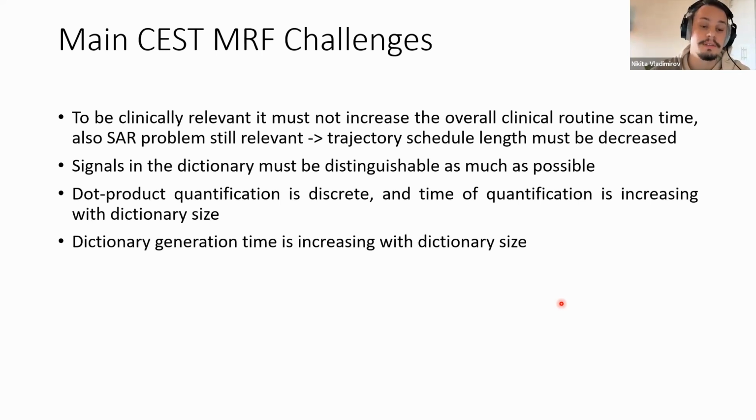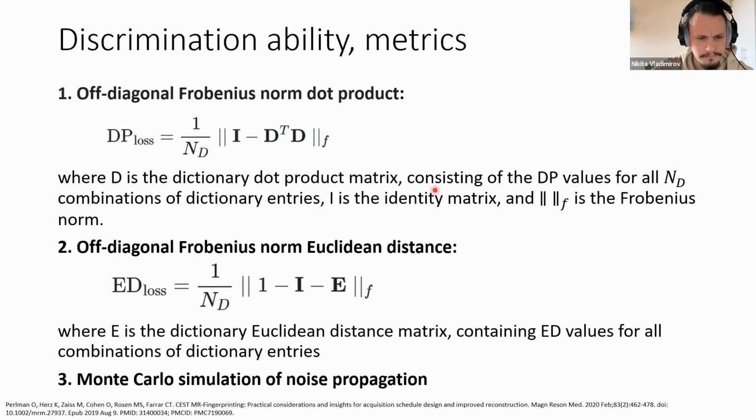And also there are some other problems related to the dot product quantification. That's a bit of a side thing, but you can read it. Okay, which metrics are used to measure discrimination ability? The first is the off-diagonal Frobenius norm of the dot product, and the same but for Euclidean distance.